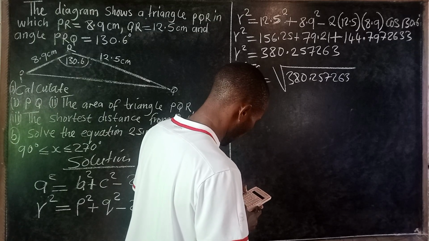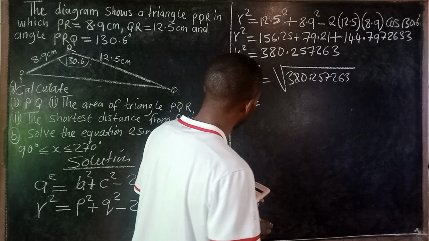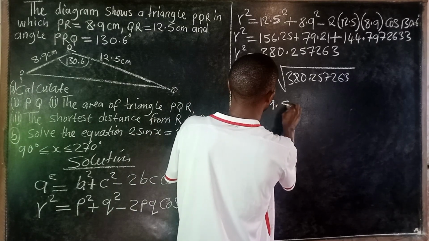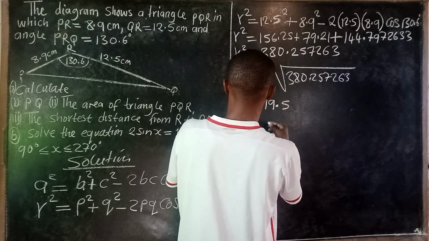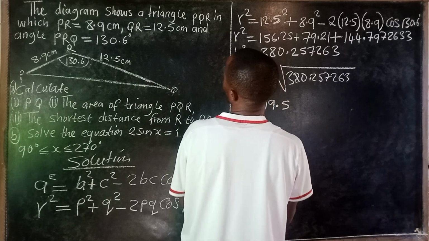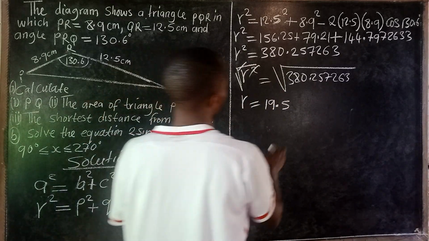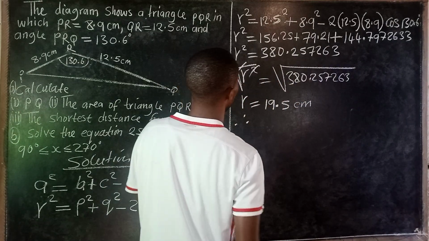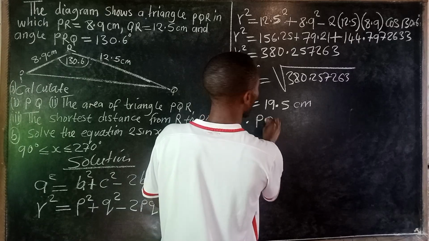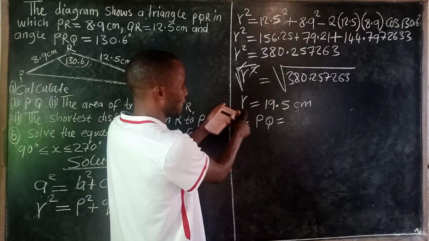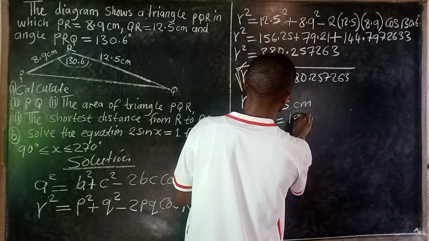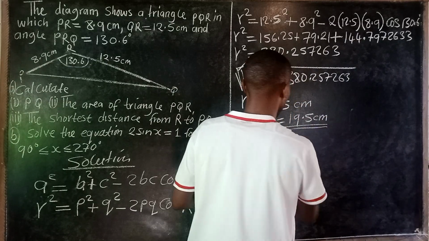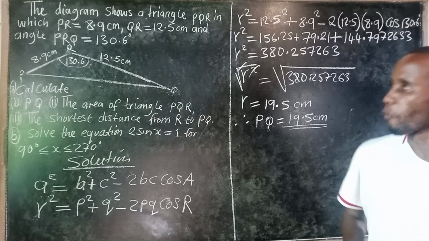So the square root of the answer, we are going to have 19.5, 19.500. So just round it off. Then we are in centimeters. So we say 19.5 centimeters. Therefore, PQ, because this R is representing PQ, is equal to 19.5 centimeters. So that is how we go about that one.